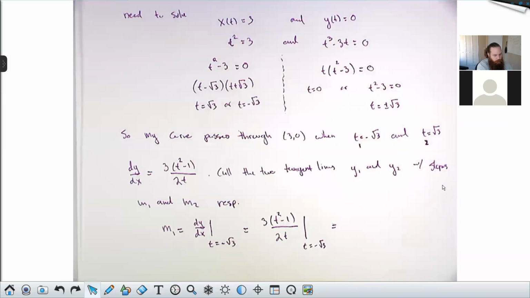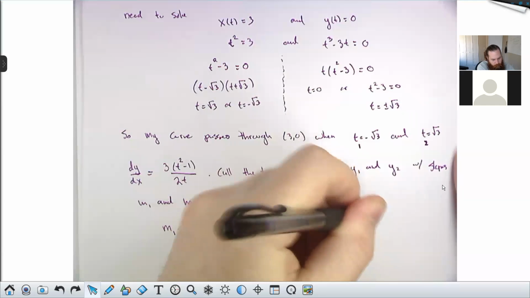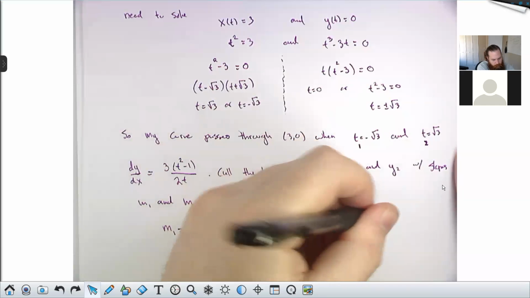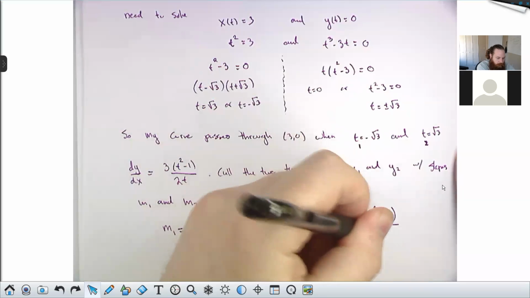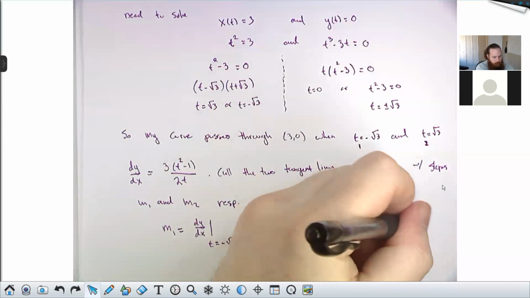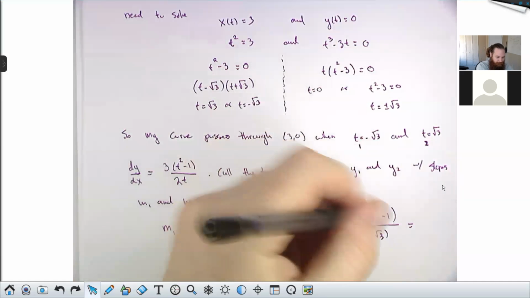If I plug negative root 3 in here, I'll get 3 times negative root 3 squared minus 1, over 2 times negative root 3. Negative root 3 squared is 3. 3 minus 1 is 2. 3 times 2 is 6.